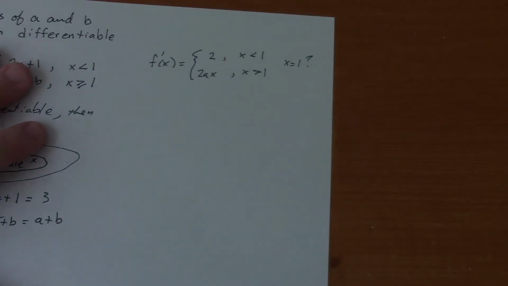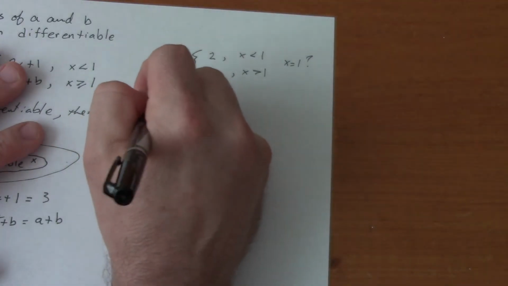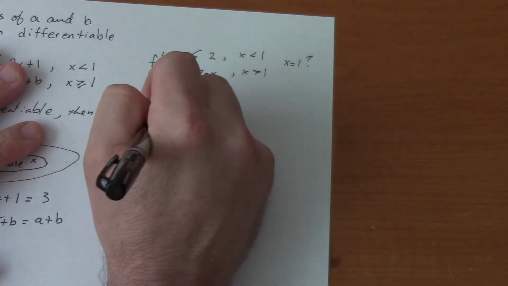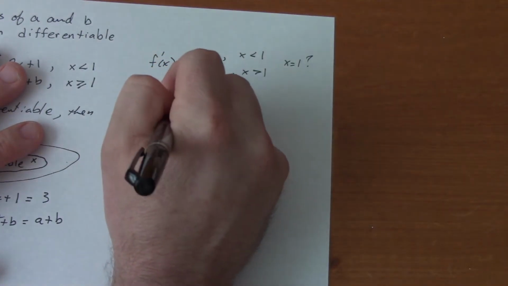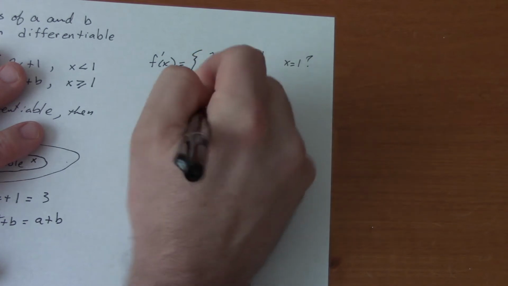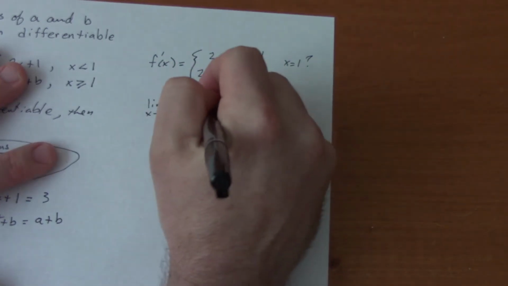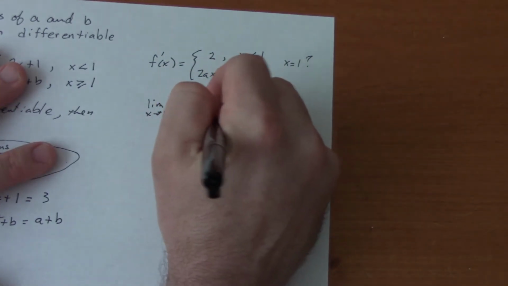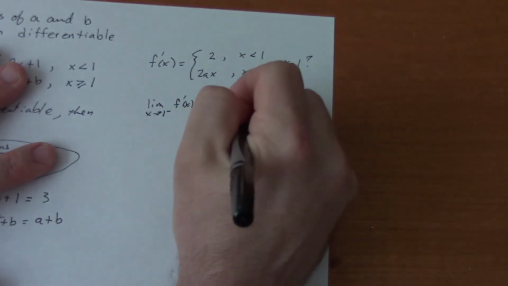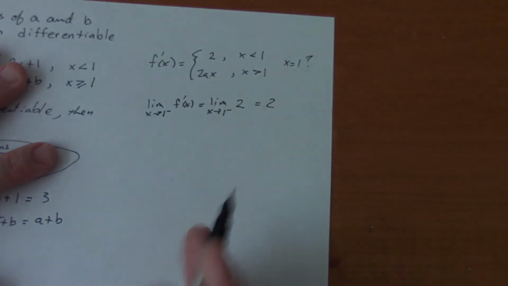Alright, so no big deal. Once again, we need to do a left-hand limit and a right-hand limit. So the limit as x approaches 1 from the left of f prime is the limit as x approaches 1 from the left of 2, which is just 2.